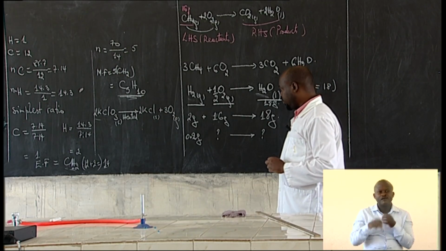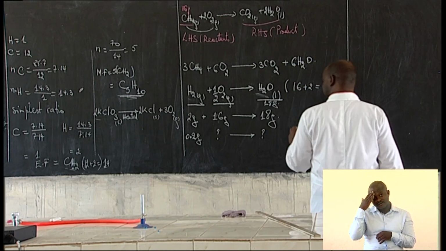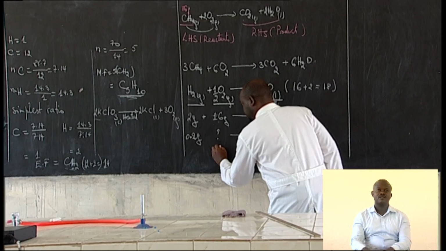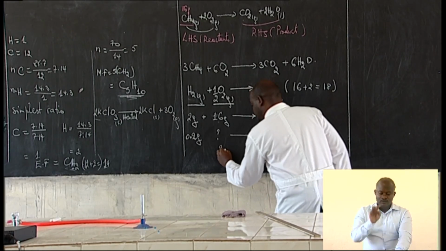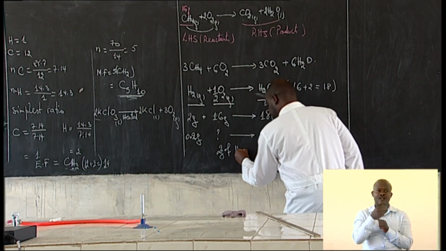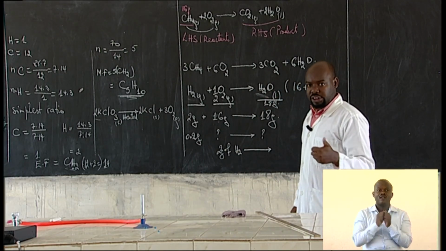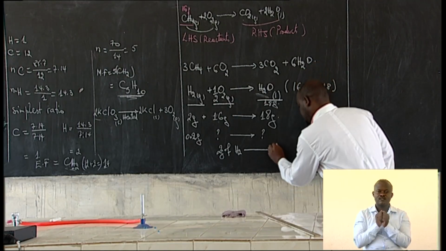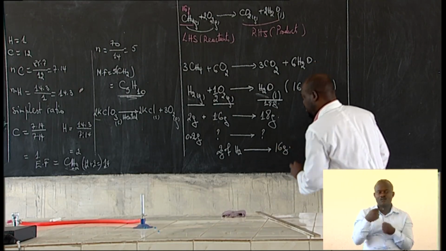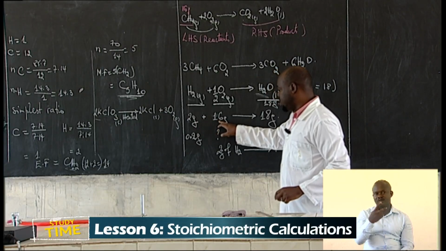Now, we know that 2 grams of hydrogen react with how many grams of oxygen? 16. We have it here: 2 grams combined with 16.